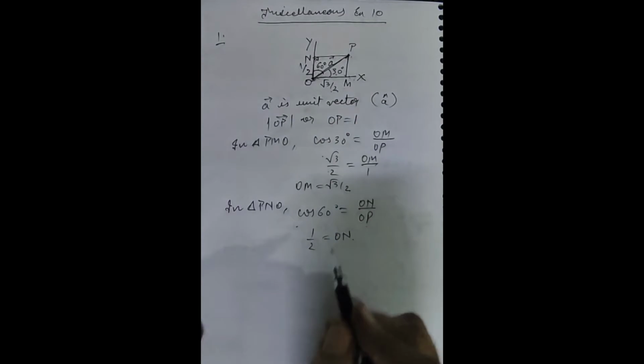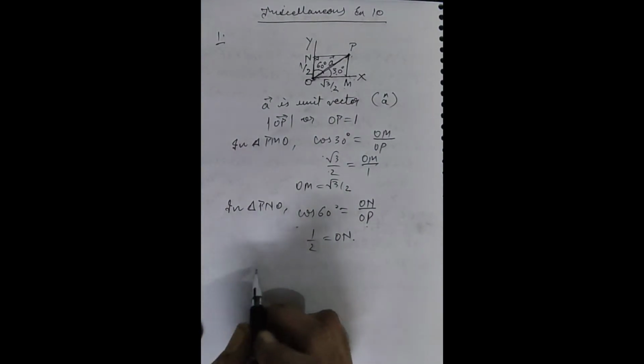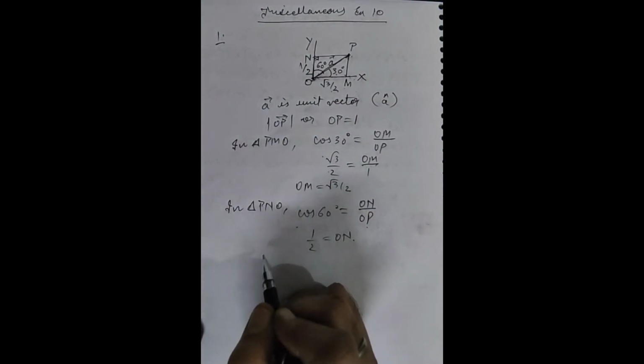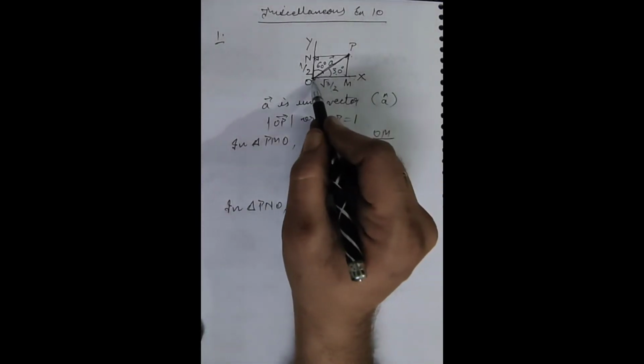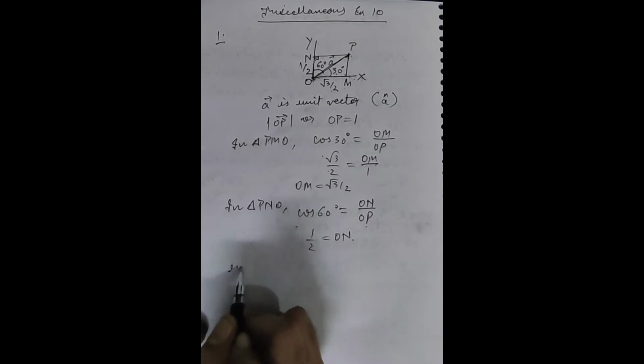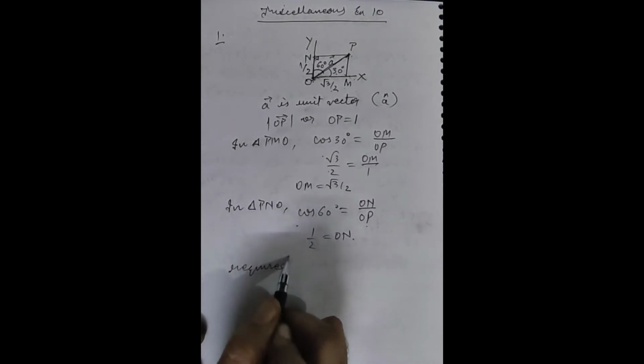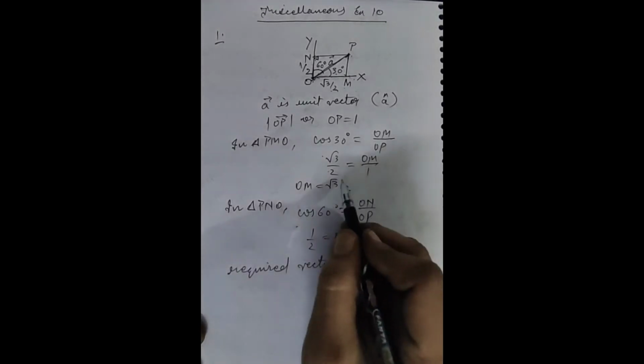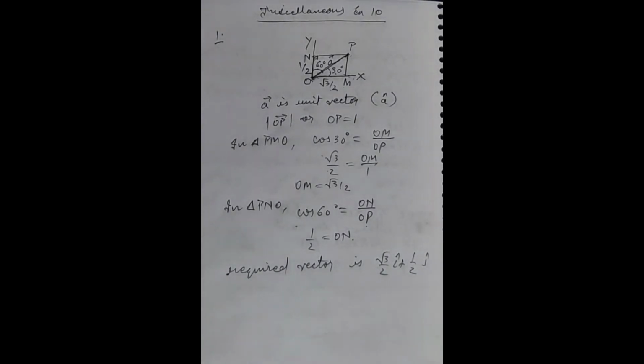We need the vector, and already we have used this as a unit vector, so we can write the vector in terms of i cap and j cap. Because along the z-axis there is no component, k cap will not be included. So the required vector is root 3 by 2 i cap plus 1 by 2 j cap. I hope you get it.